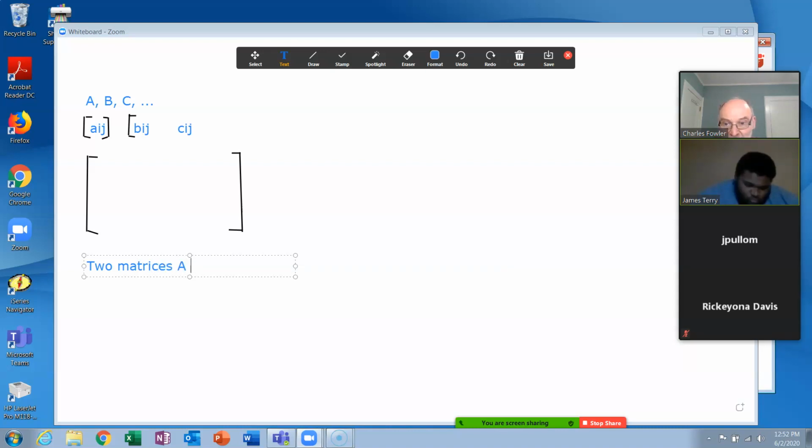Capital A, that's one way to refer to them, equal to, and then the other way will be the Aij and capital B equal to, okay, I need a bigger box.